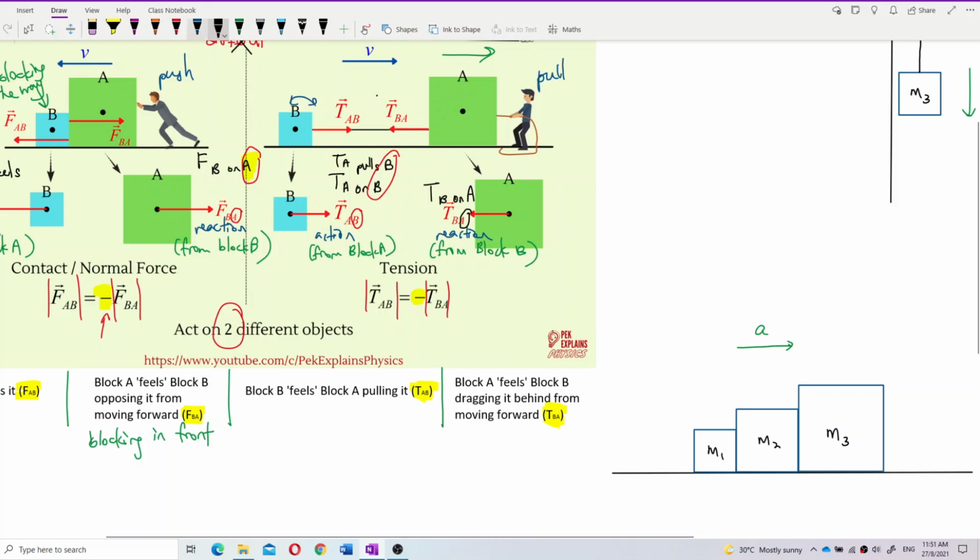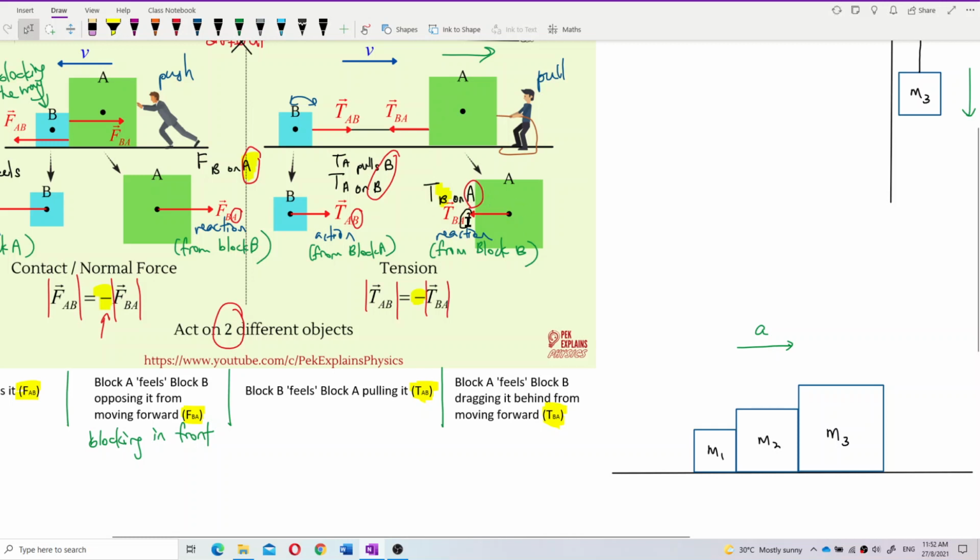TB on A. Who experiences the force? A experiences the force. And this force comes from who? This force comes from B. Understand? This reaction force comes from B, B dragging behind. Who experiences this force?